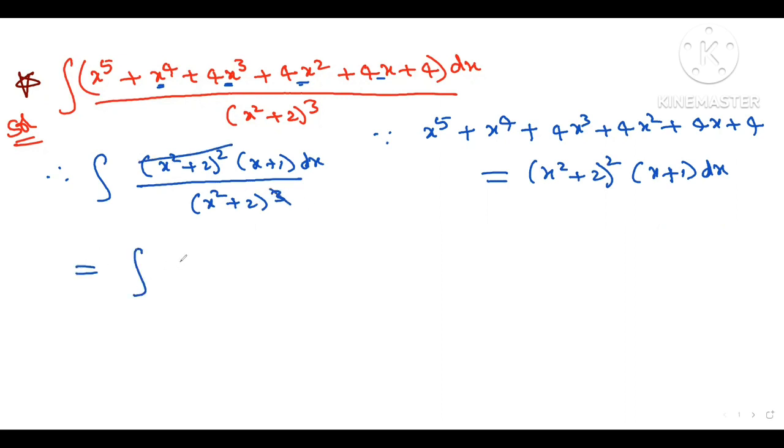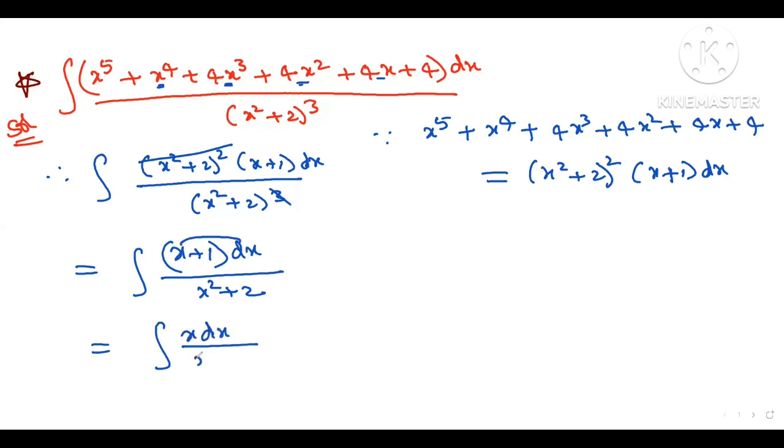So what do we get here? (x plus 1) dx by (x square plus 2). Okay, now do individual division: x dx by (x square plus 2) plus 1 dx by (x square plus 2).